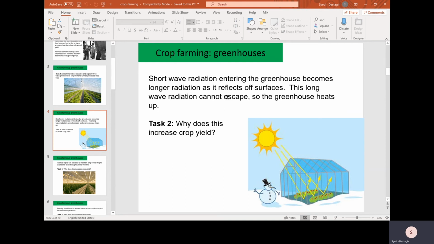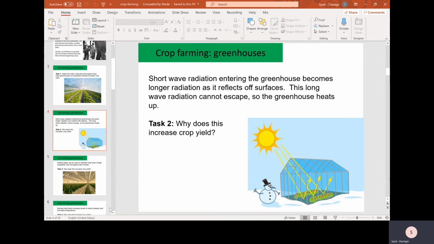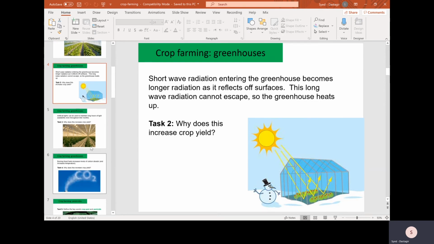The long-wave radiation can't escape, so the greenhouse gases heat up. So why does this increase crop yield? We did mention temperature previously, and obviously photosynthesis is a chemical reaction which is controlled by enzymes. So if you have the optimum temperature, which means the best temperature, obviously that will be very beneficial to the reaction itself, in turn growing your crops further, increasing the yield.